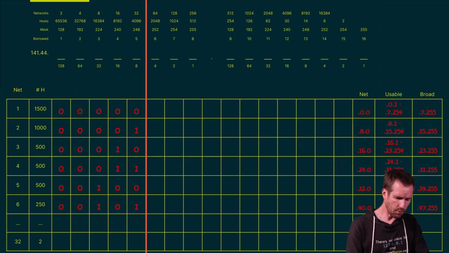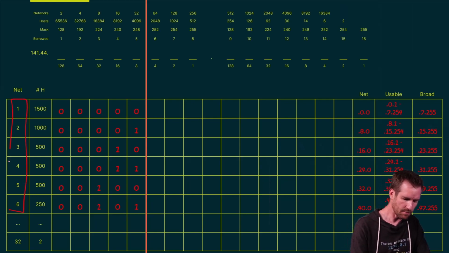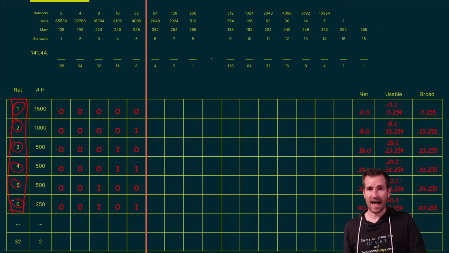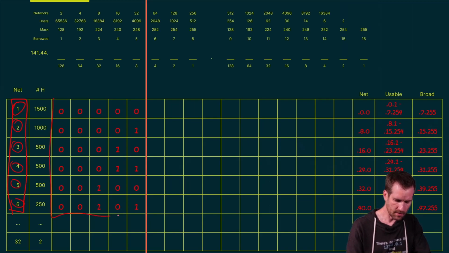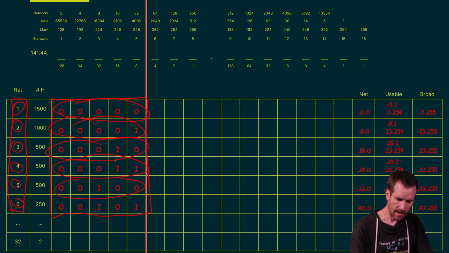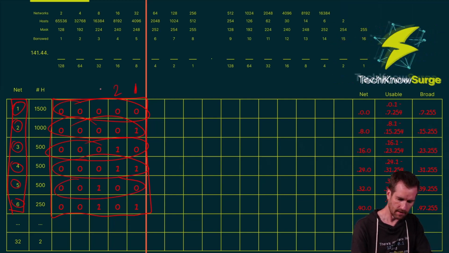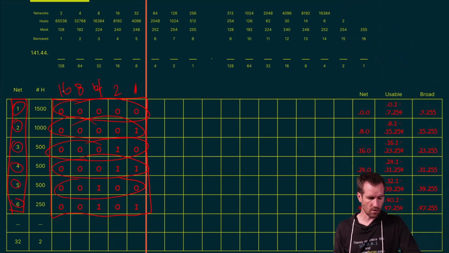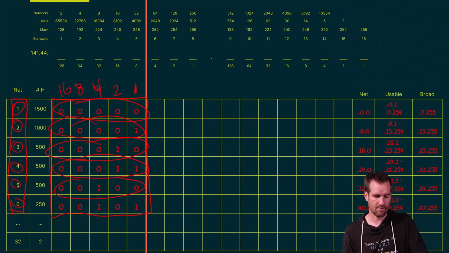The first thing that I'll point out is that these decimal numbers are counting up. So I've got a 1, a 2, a 3, a 4, a 5, a 6. I also have binary numbers and they are counting up: a 0, a 1, a 2, a 3, a 4. And if you wanted to see this, I could label the top part here with 1, 2, 4, 8, and 16 to show you how to calculate any of these.